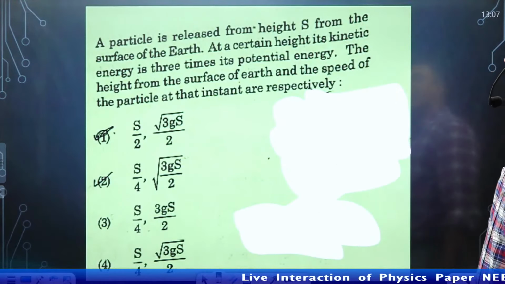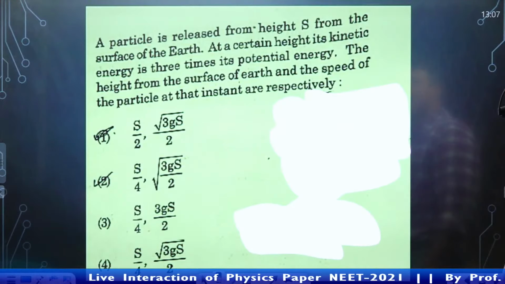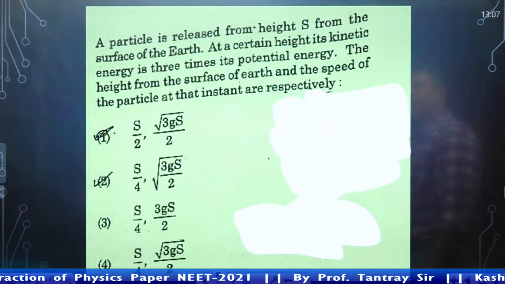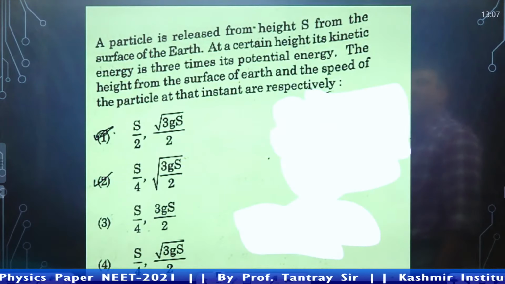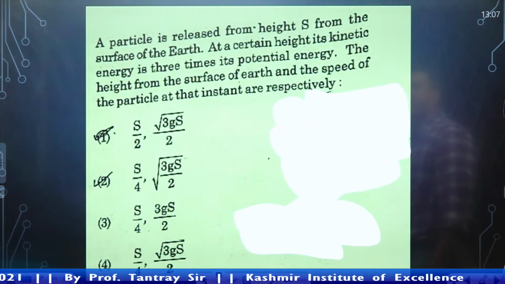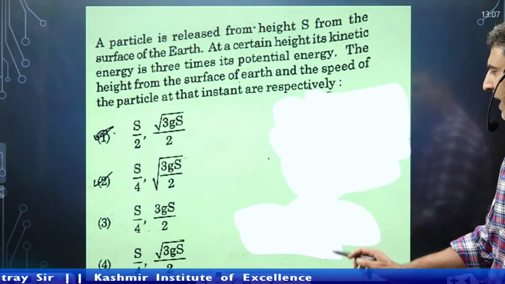A particle is released from height s from the surface of the earth. At a certain height, its kinetic energy is 3 times its potential energy. The height from the surface of the earth and the speed of the particle at that instant are, respectively. The question is like this, have a look.